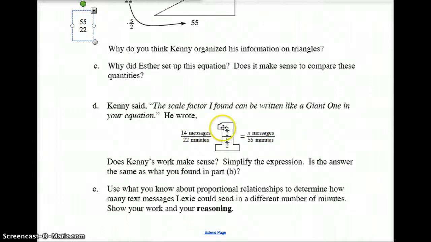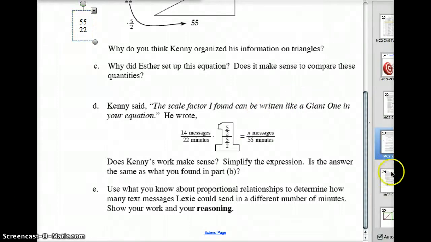Same thing here, 14 times 5 is 70, divided by 2 is 35. Big one theory is that whatever you multiply the bottom by, you've got to multiply the top by, or vice versa. Because 5 halves divided by 5 halves is 1, just like 4 divided by 4 would be 1. Anything divided by itself equals 1. So there's your big one theory. Moving onward.